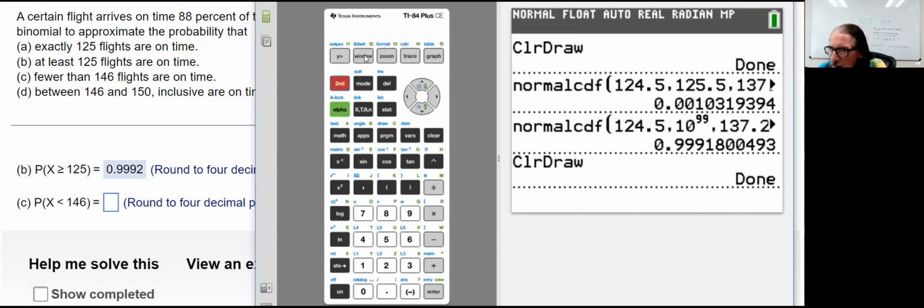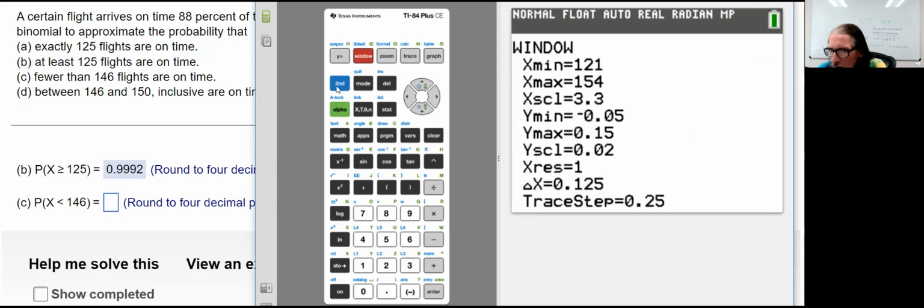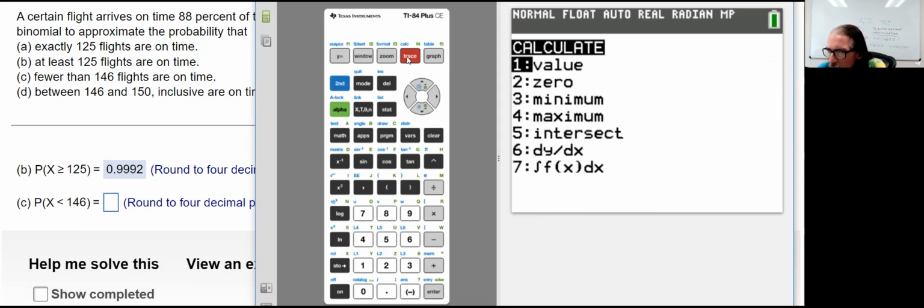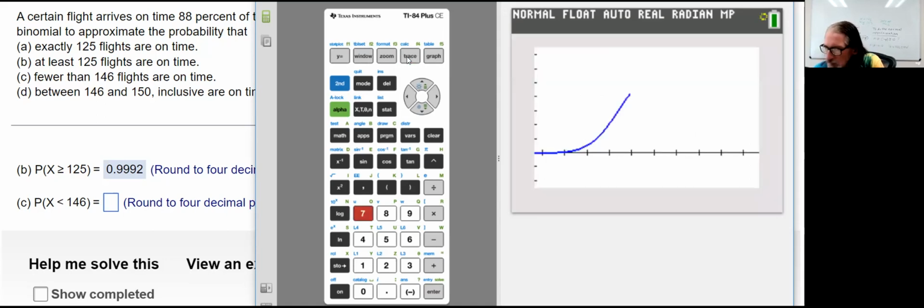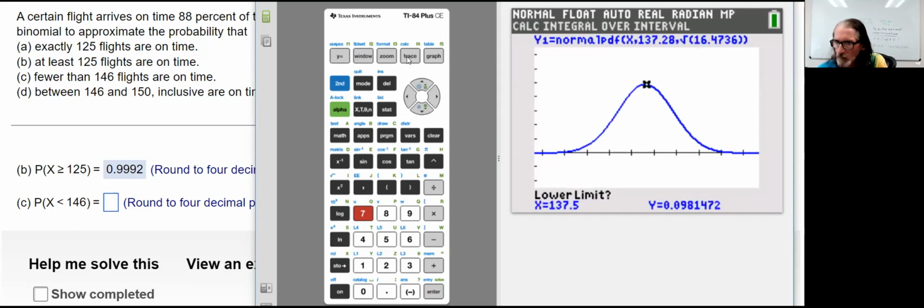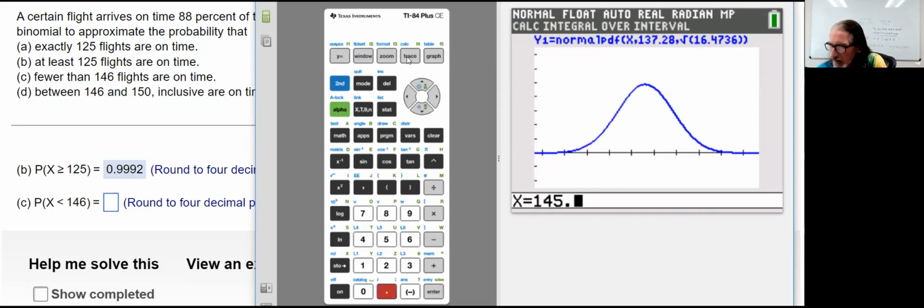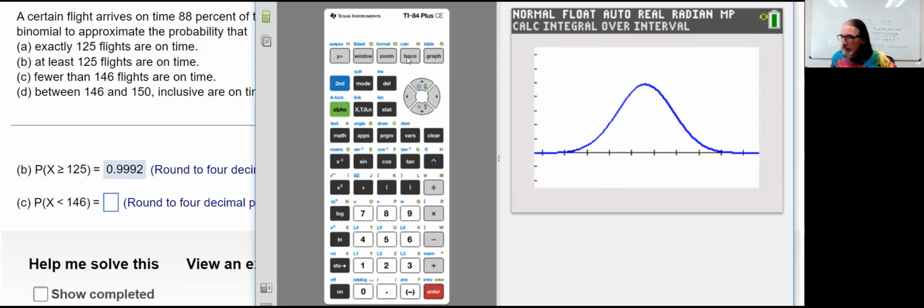Our window, the far left is 121. So lower limit of 121, an upper limit after the continuity correction, and applying that fewer than 146 is the same as saying less than or equal to 145.